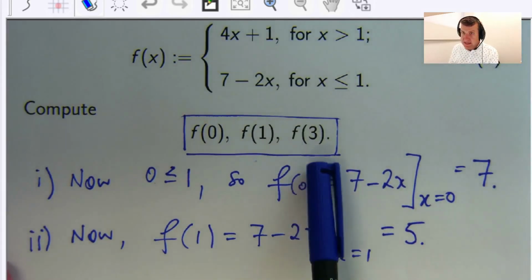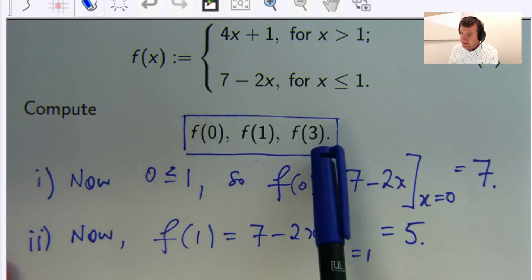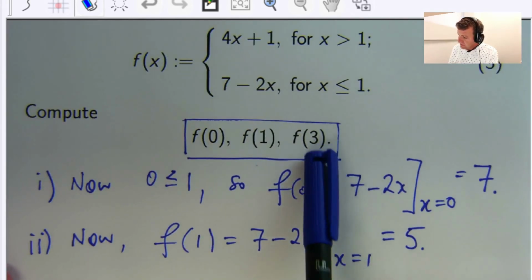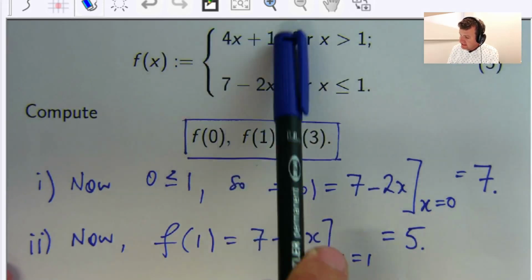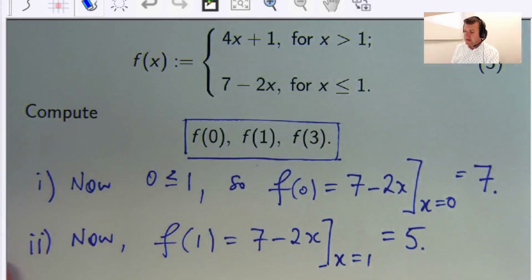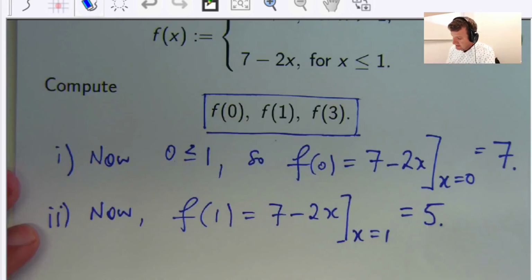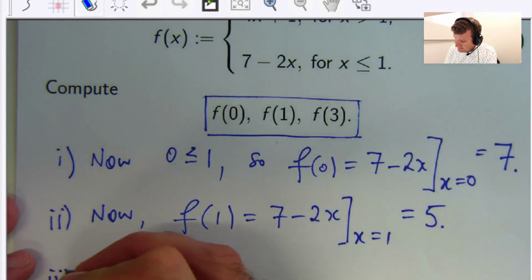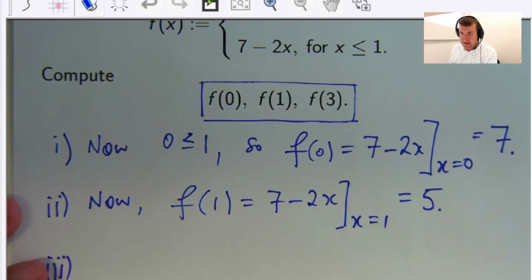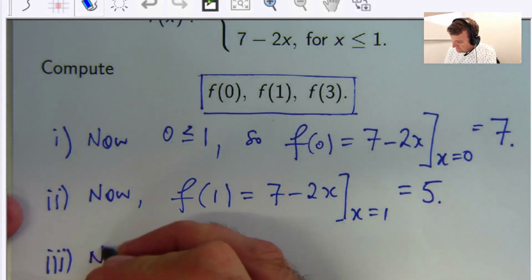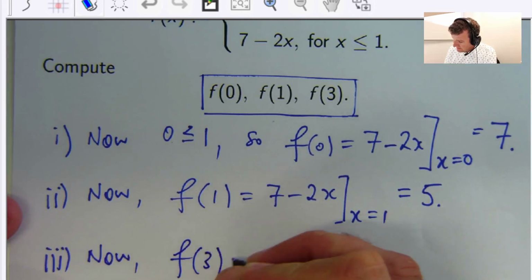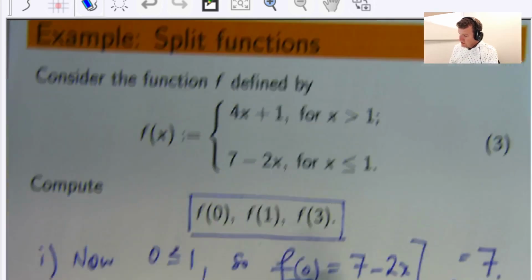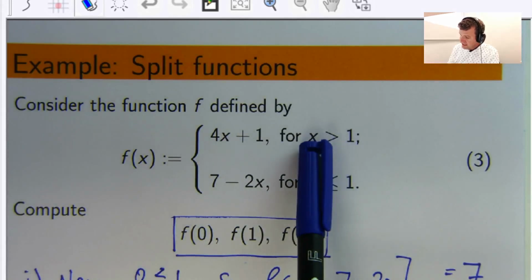And lastly, f of 3. You can see the input 3 is greater than 1, so it's here. This is the part of the function that I'm interested in now. So finally, f of 3. We're in this zone here because 3 is greater than 1.